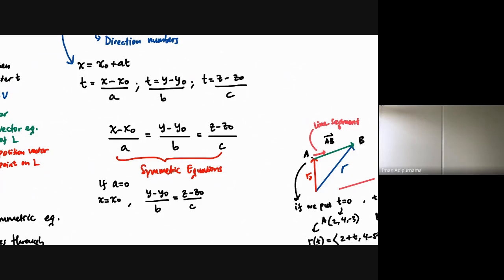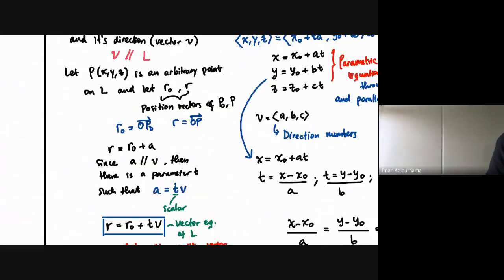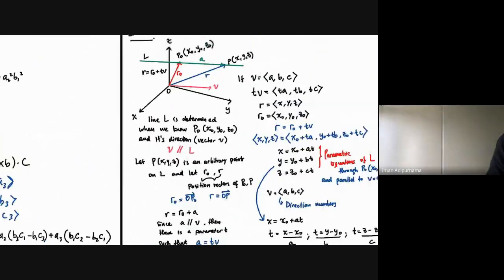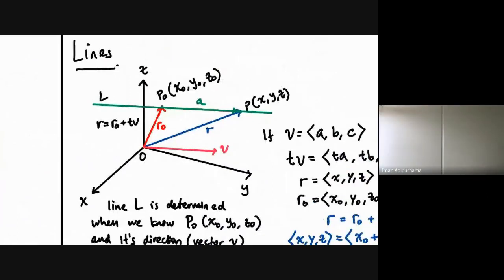And for the rest, you need to imagine the line from here. Okay? So you have the position vector, the initial position here, and then the position vector R, which you need to check or observe. And you also have the vector that is parallel to the line.